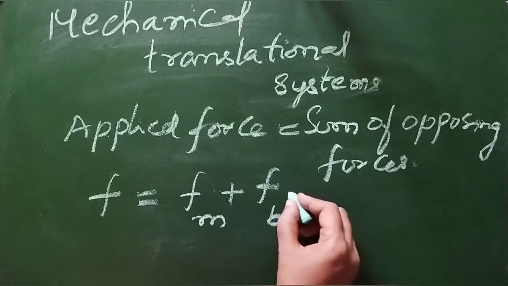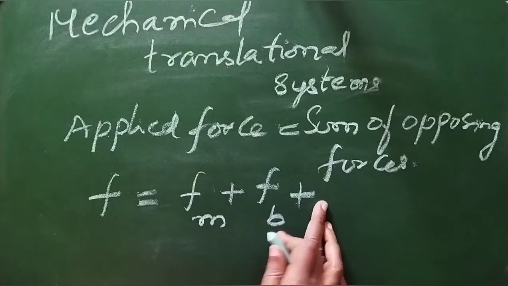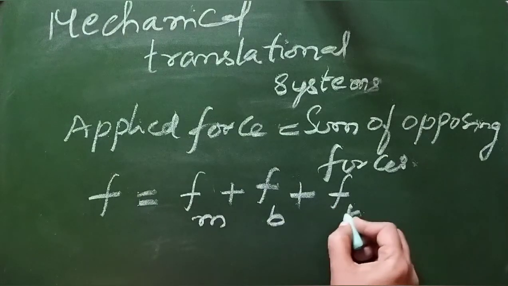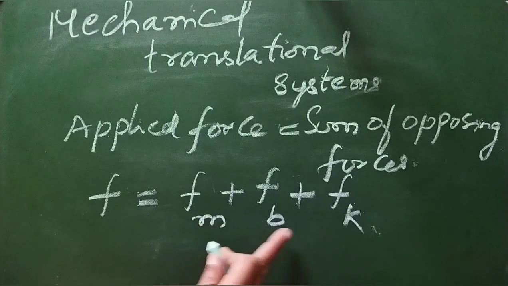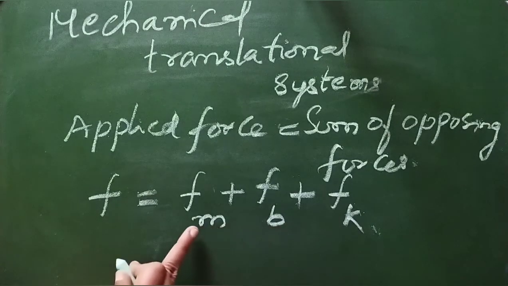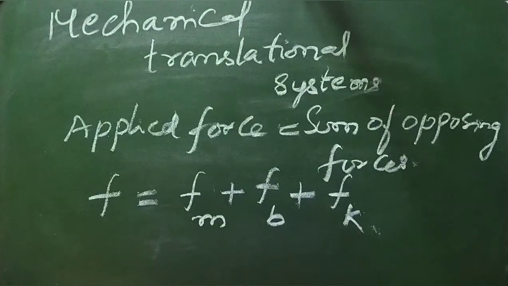Okay, and another characterizing element, that is spring, or you call this as friction due to elasticity, Fk. Okay, if applied force is F, say, then you have three opposing forces with respect to three characterizing elements. Those are mass, dashpot and spring.